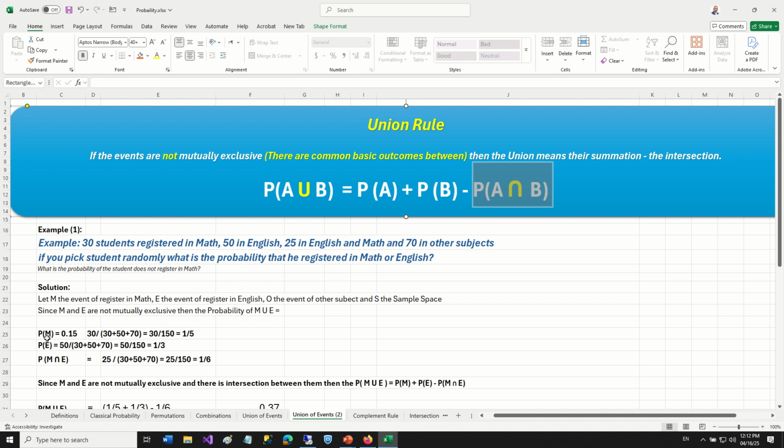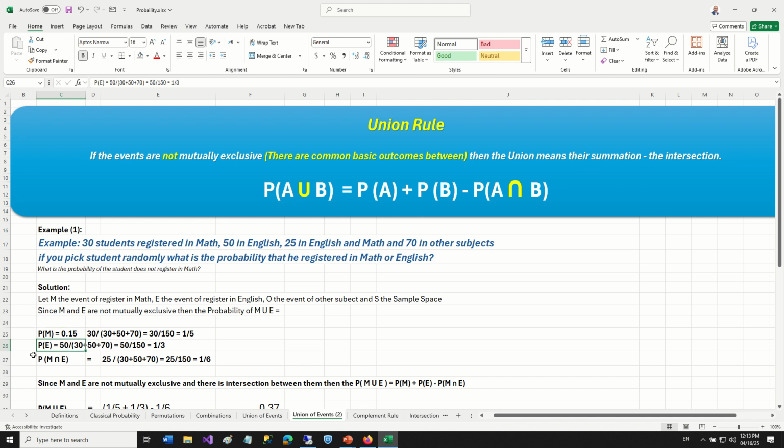So we will first get the probability of M. The number of students registered in math only is 30 students, divided by the total number of students, which is 150, equals 1 divided by 5.